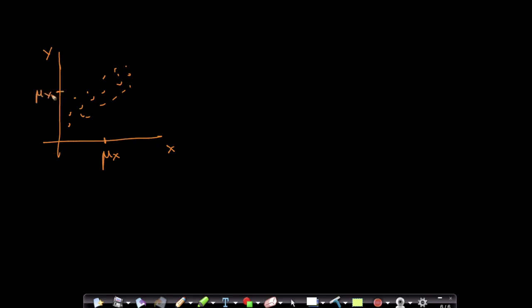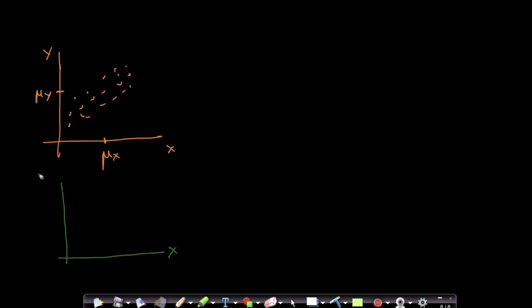Now let's look at a couple of examples here. Let's say I have a data set like this, bunch of points. Let's assume this is my x and this is my y. Let's assume this is my mean of x, because if I just project all of these points here, this is where my mean lies. And this is my mean of y. This is one case. The other case that we will look at is, let's assume I have a case like this.